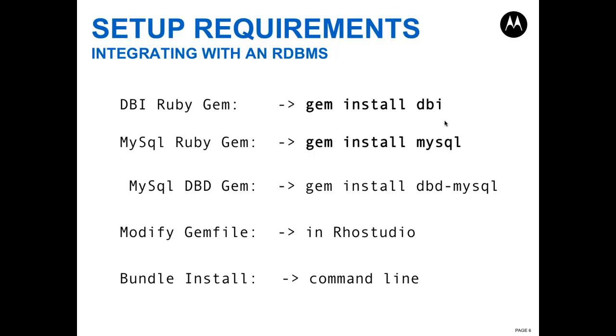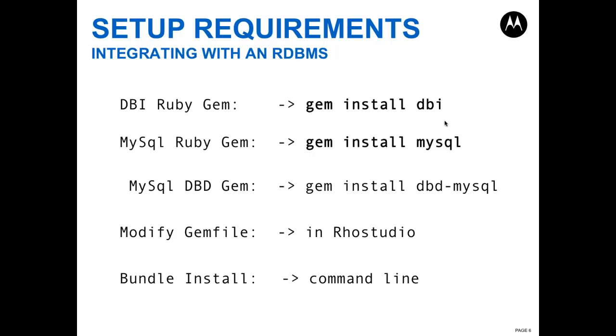I also had to install the MySQL Ruby gem. This is the Ruby MySQL client, and then finally the DBI driver. This is the gem that connects the DBI framework with the MySQL client, and that gem is called DBD-MySQL.